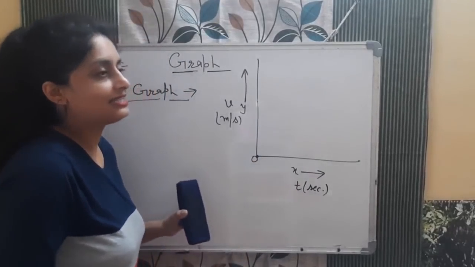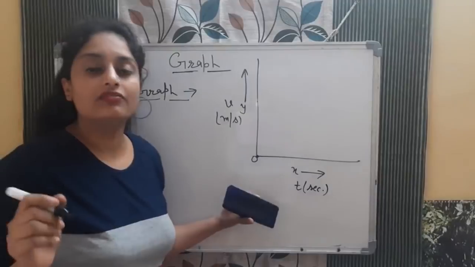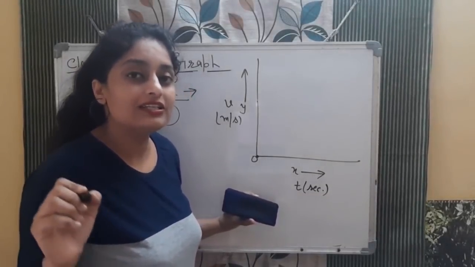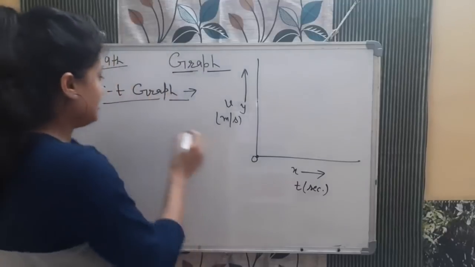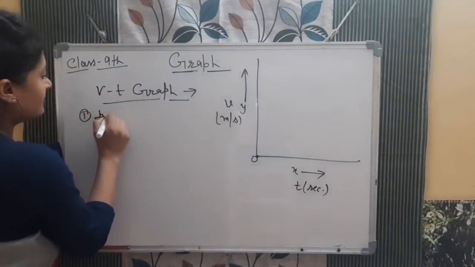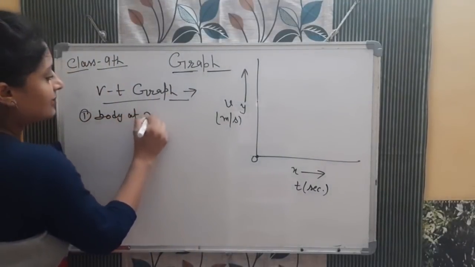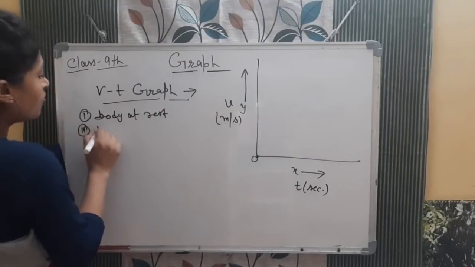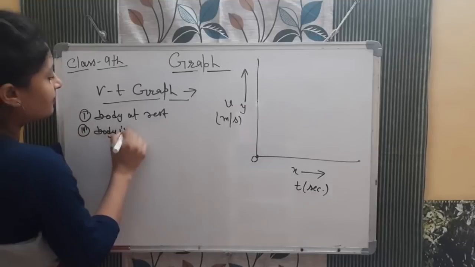Now if I say that the object is moving with constant velocity, it means velocity is not changing. That is, case 1, body at rest, no graph here. Second, I am saying the body is in uniform motion.